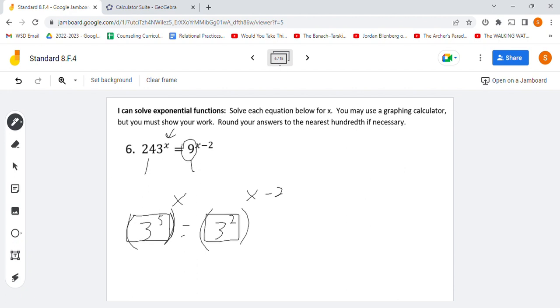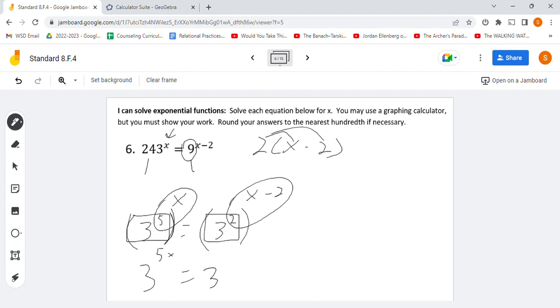And now we can simplify using rules of exponents. The power rule tells us that we can multiply those together, and we can multiply those together. So this would give us on the left 3 to the 5x as our exponent there. And then 2 times x minus 2, we've got to use the distributive property here. And that will give us 2x minus 4.